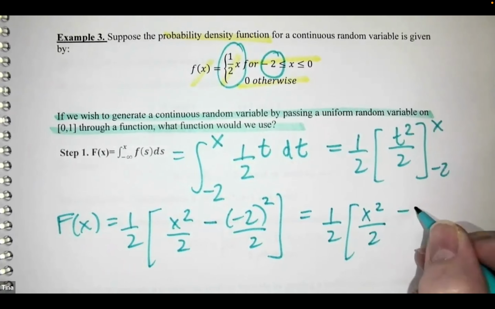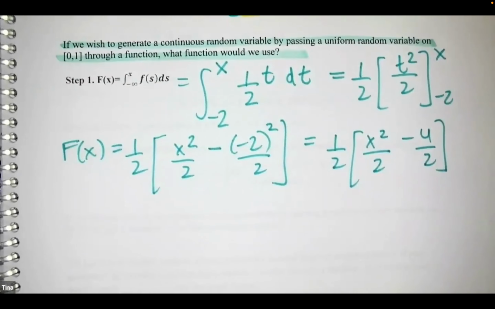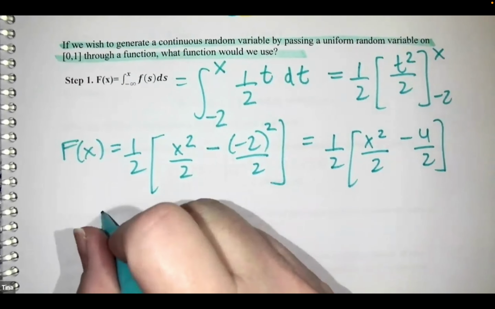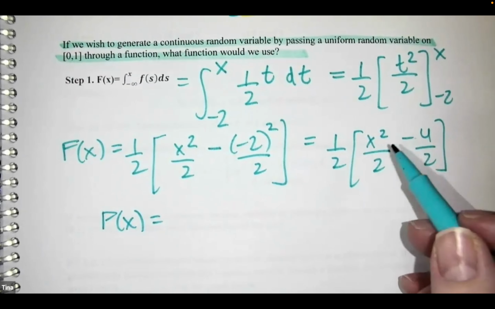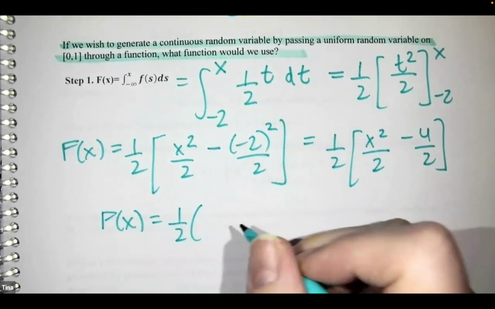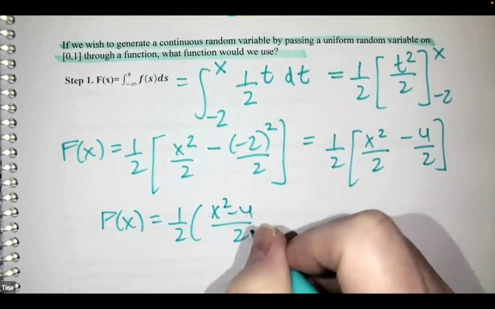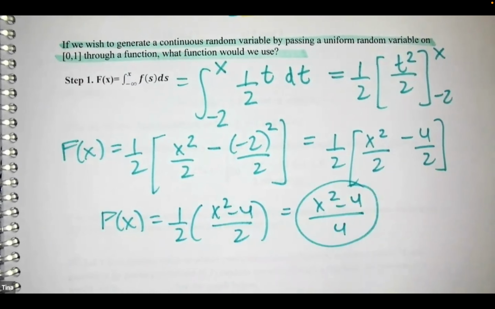So x squared over 2 minus 4 over 2. Don't forget, squaring a negative is going to be positive. So I guess that function is, I mean, you could put the half through if you want. We could say x squared minus 4 all over 2, or you could say that's x squared minus 4 over 4, I guess, right?